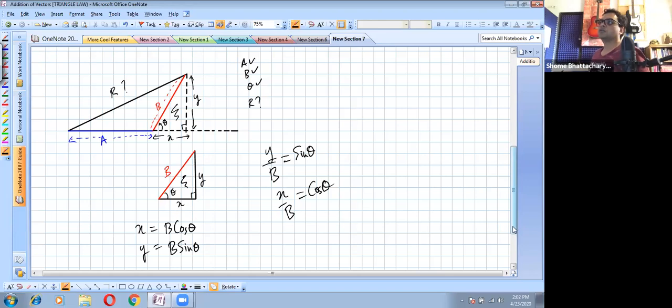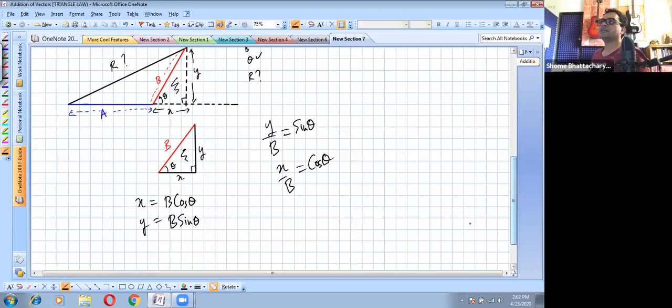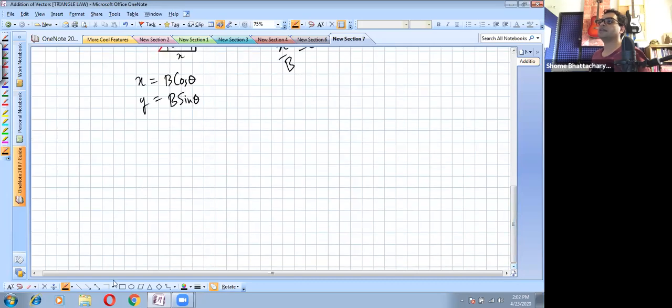Okay. So now see what I'm going to do in the next step is I'm going to look at this larger triangle. Okay, so I'm going to redraw the diagram where I understand the larger triangle. So the larger triangle is now like this. This side is A. Okay.